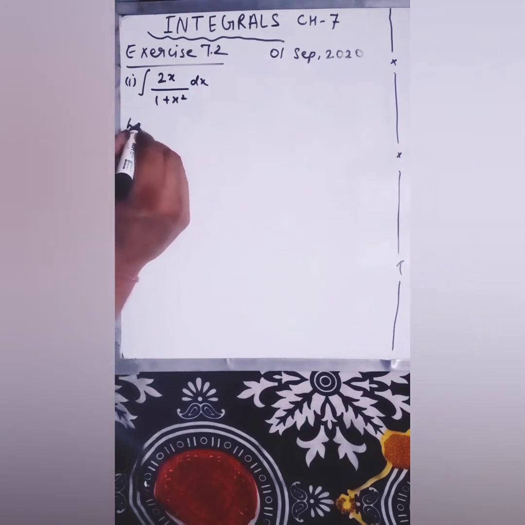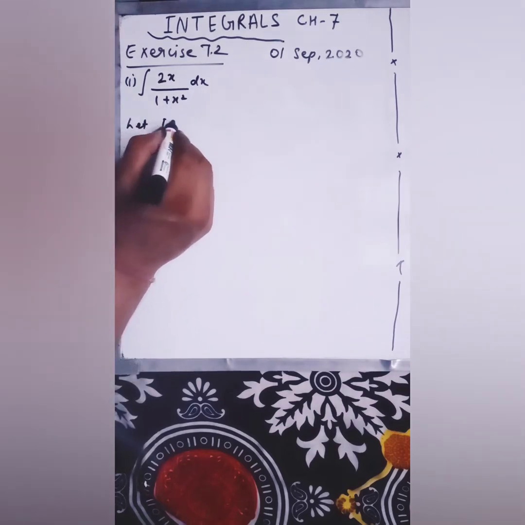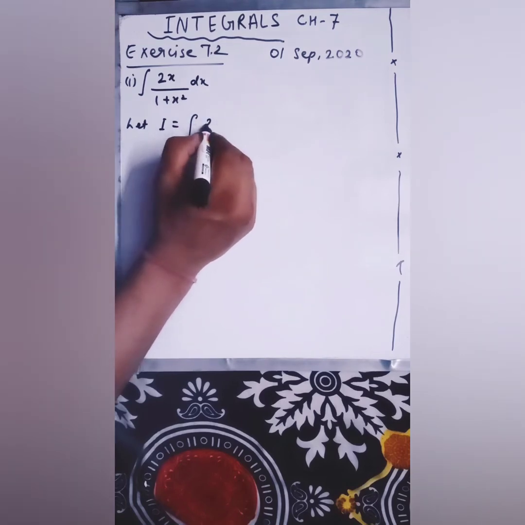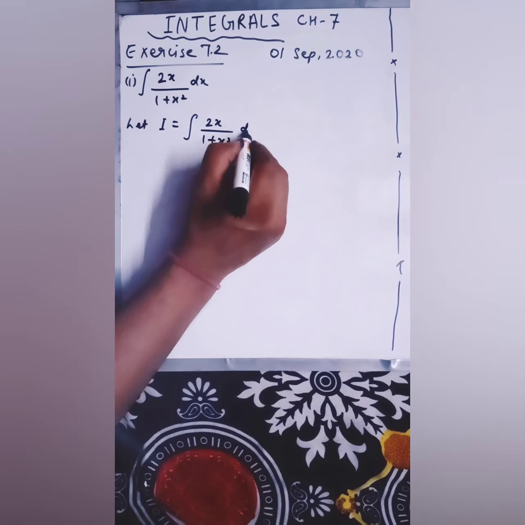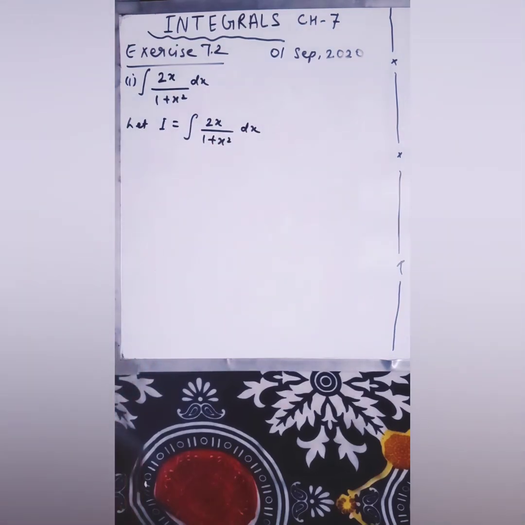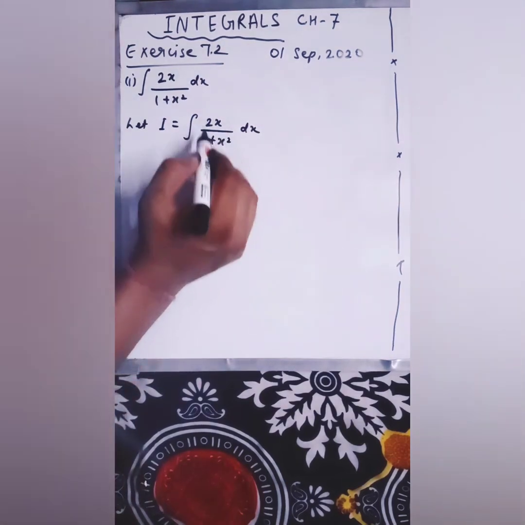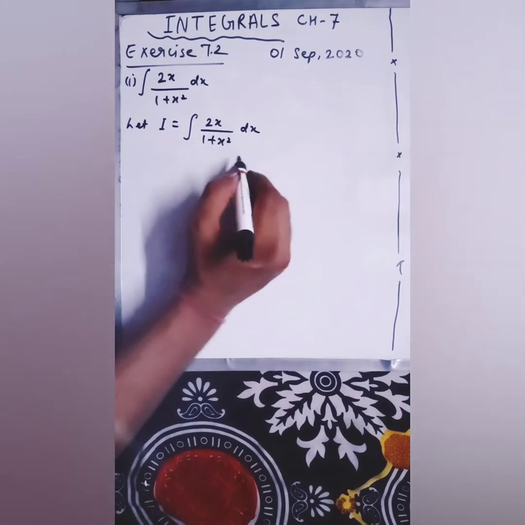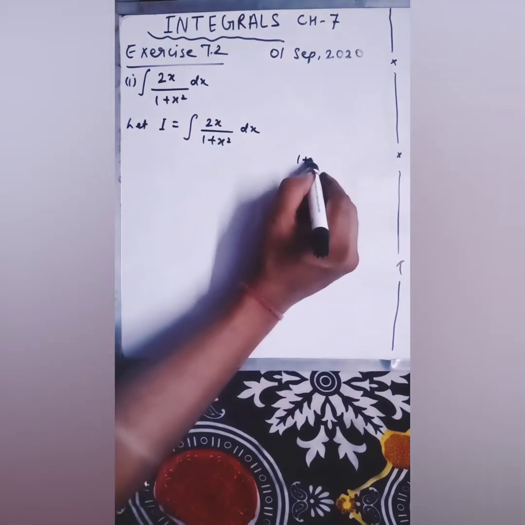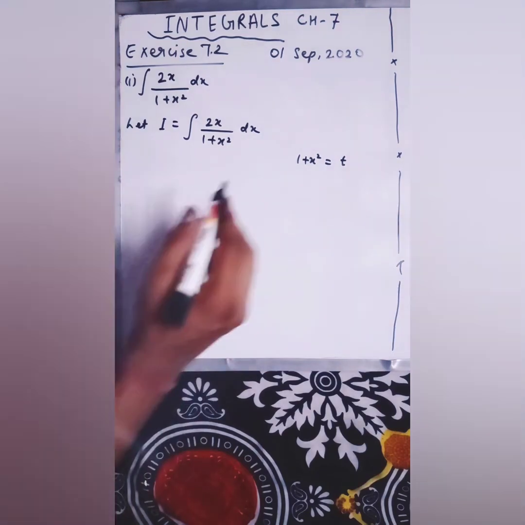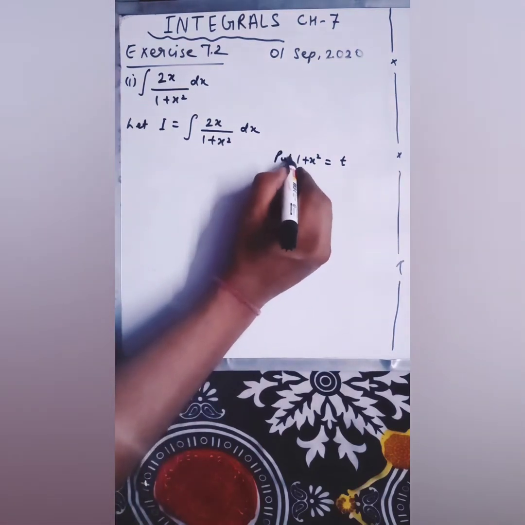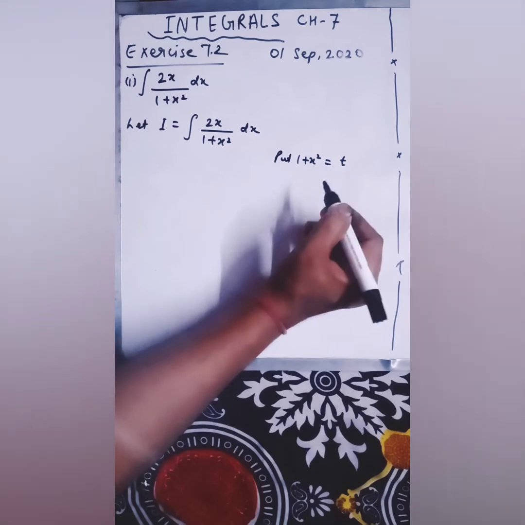Let this be equal to I, and the same question you have to copy. Now I am assuming that 1 plus x square equals t. Put 1 plus x square equals t.